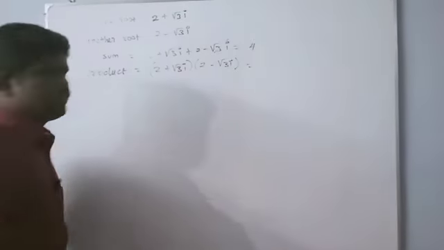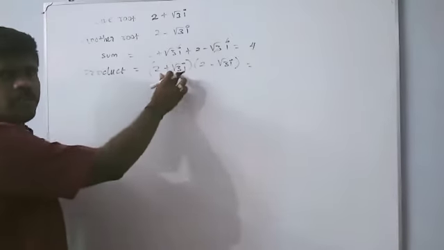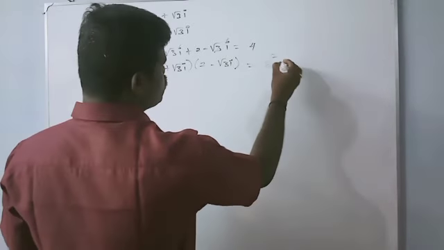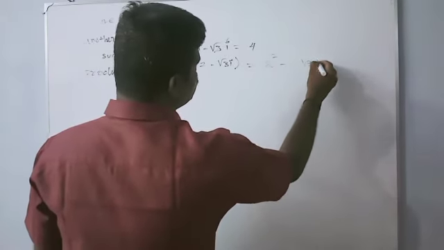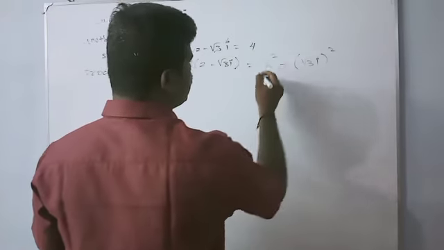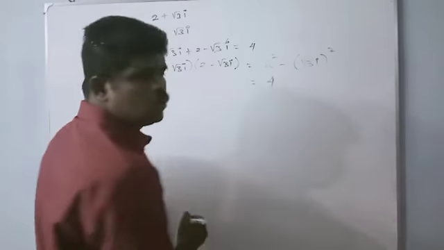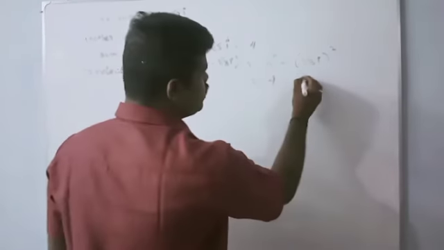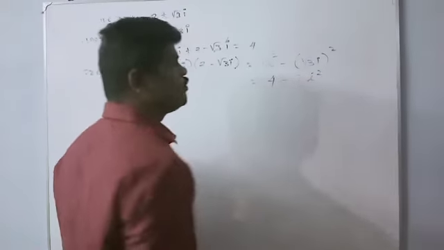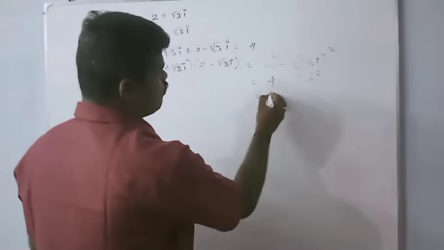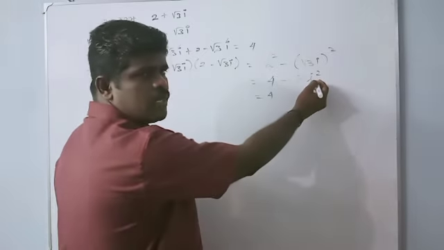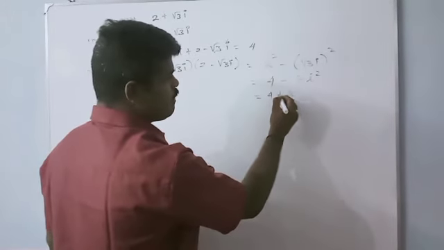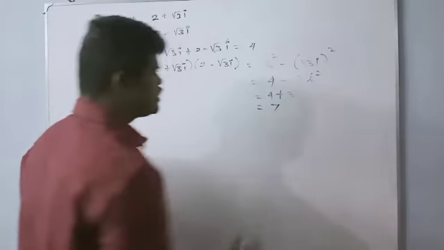This is the formula for (a plus b) into (a minus b). So 2 squared minus (root 3i) the whole squared. So 4 minus 3 into i squared. Here i squared value is minus 1. The minus 3 is there. So the answer is 4 plus 3 equals 7.